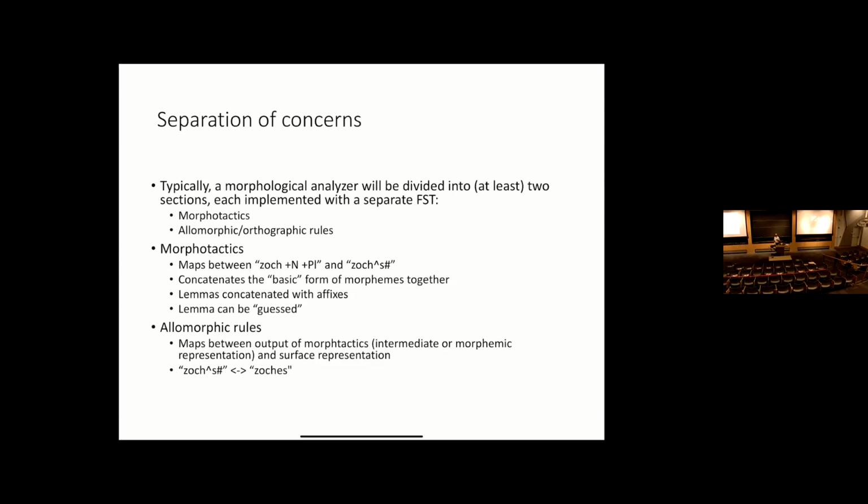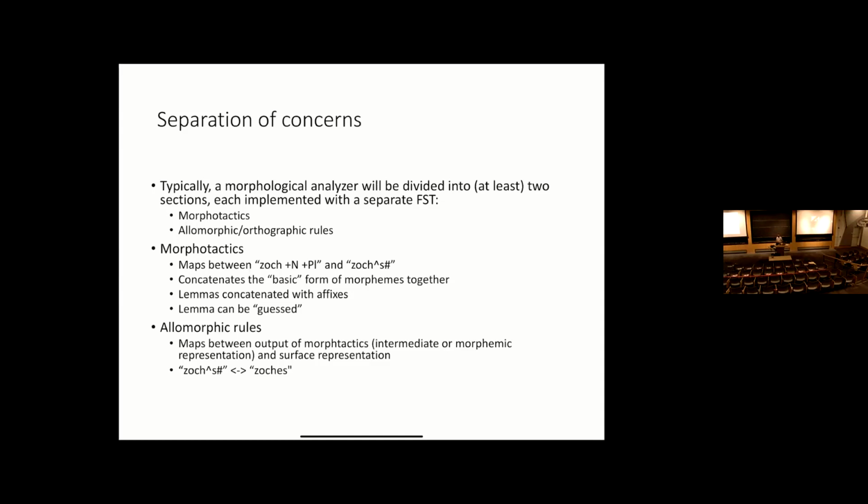But the orthographic rules, the allomorphic rules, would tell you that you double the consonant in beg, for example, that you double consonants before these suffixes. This is a general rule. And it would be encoded in this other FST.